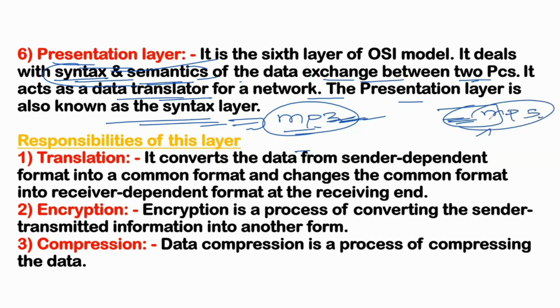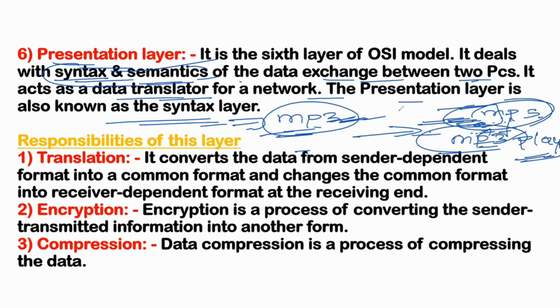But when this PC receives this MP3 file and you click on the play button, this MP3 automatically plays with the MP3 player. You have an application related to MP3 player, video player or media player, so it will automatically play with that MP3 player. So this is called syntax and semantics. Syntax and semantics decide the type of any file.